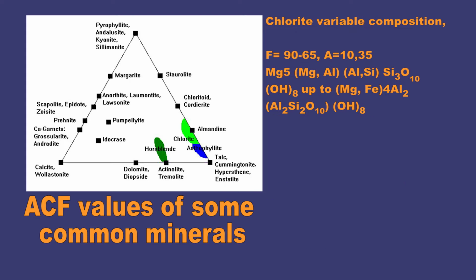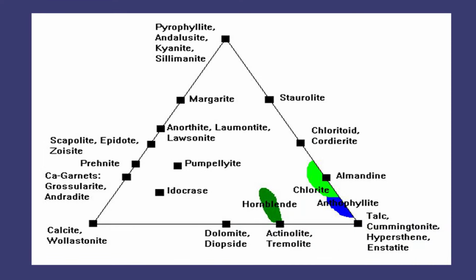Chlorite, variable composition, F equals 90 to 65, A equals 10 to 35, from Mg5(MgAl)(AlSi3)O10(OH)8 up to Mg Fe4 Al2 Al2Si2O10(OH)8. Hornblende contains, in contrast to tremolite, variable amounts of Al2O3 and MgFeO.